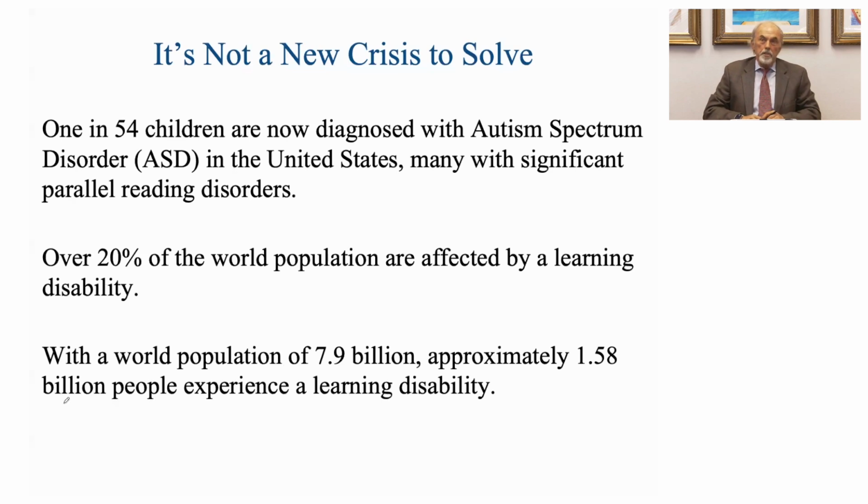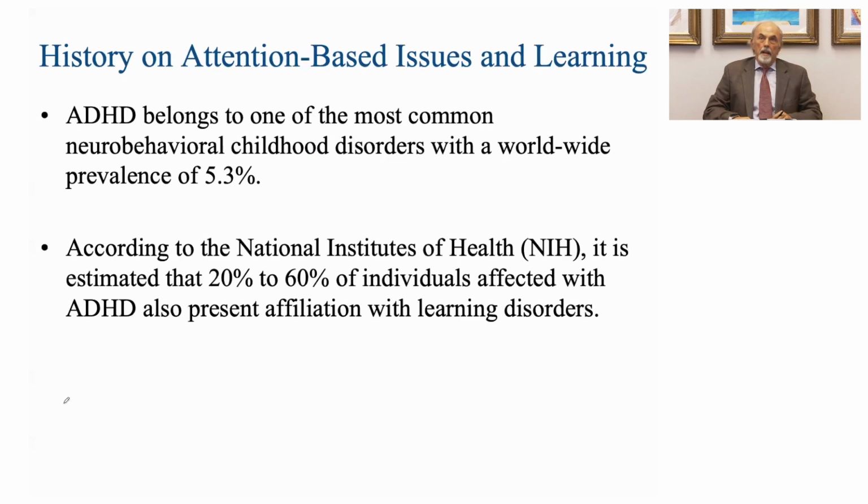And with a world population of about 8 billion, approximately 1.5 billion of those experience a learning disability. In other words, this is a profound issue, looking both in terms of learning challenges as well as such things as autism, and now relative to attention-based learning issues.